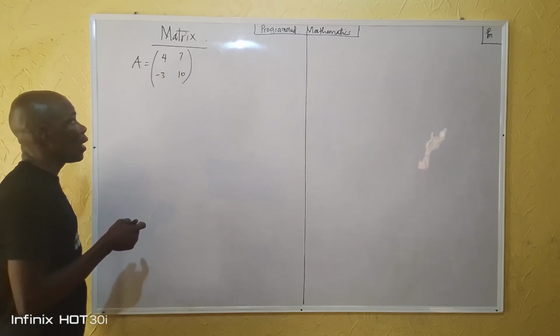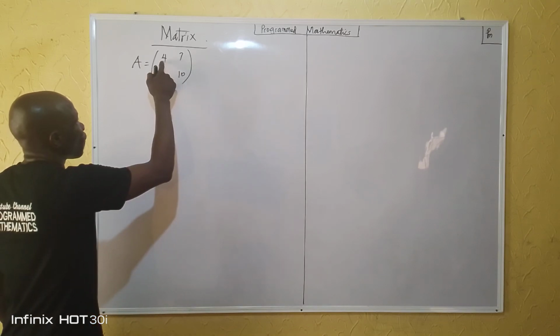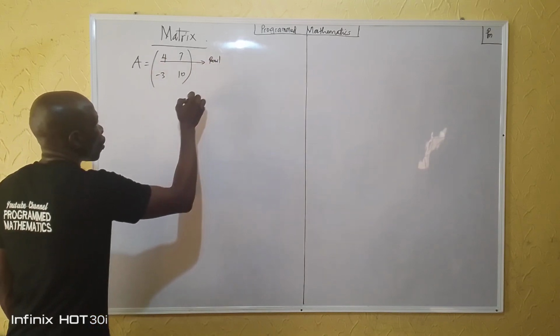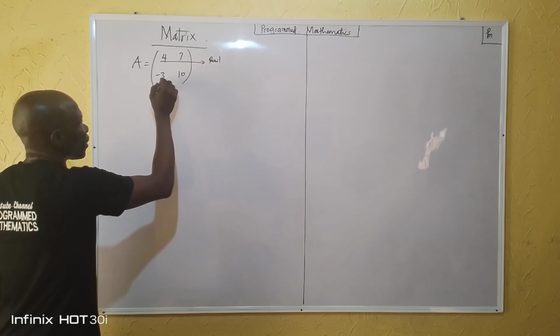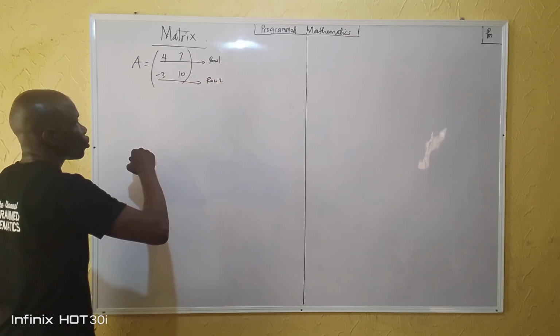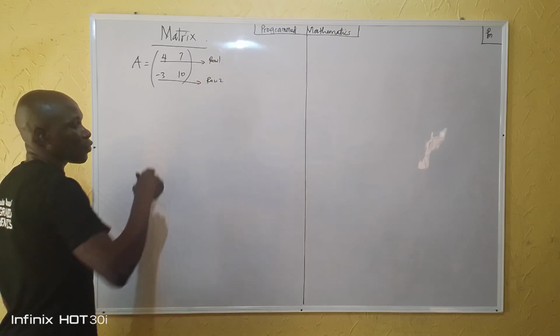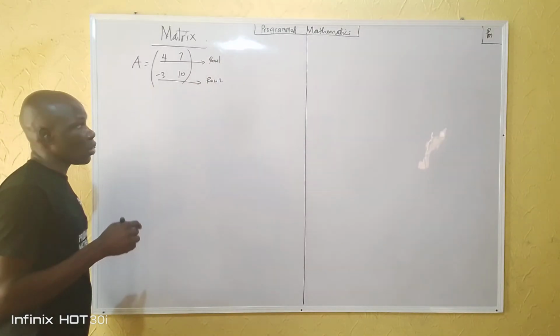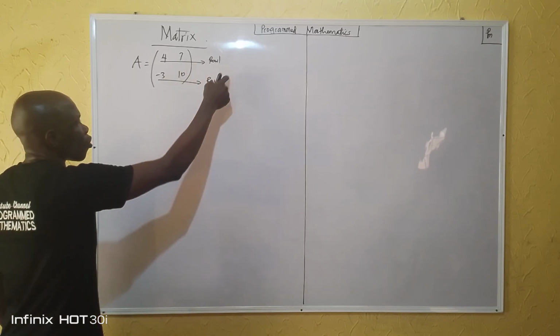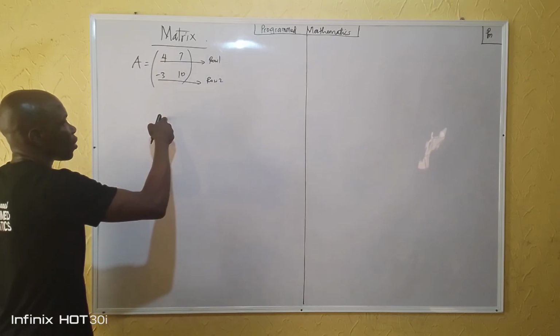That tells you that 4 and 7 are elements on the first row, that's row 1. Minus 3 and 10 are elements on the second row, that's row 2. Rows are referred to as the horizontal arrangement of elements, while the columns are the vertical arrangement of elements.